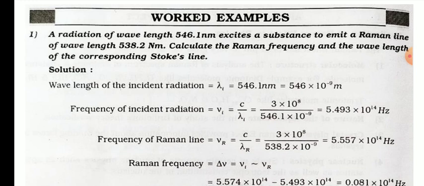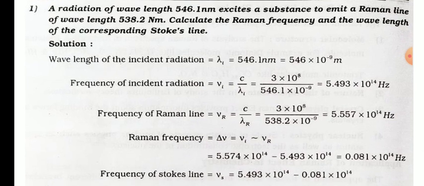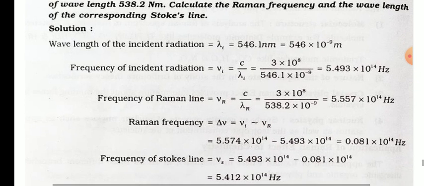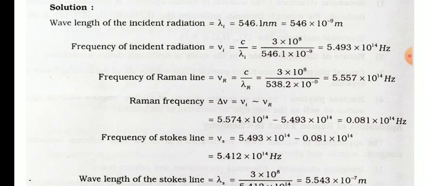The frequency of the Raman line, nu R, is equal to C by lambda R. Substituting the values of lambda R and C, you will get 5.557 into 10 raised to 14 hertz. Therefore, the shift in the Raman frequency, delta nu, is equal to nu I minus nu R, the difference between the incident radiation frequency and the frequency of the scattered radiation.